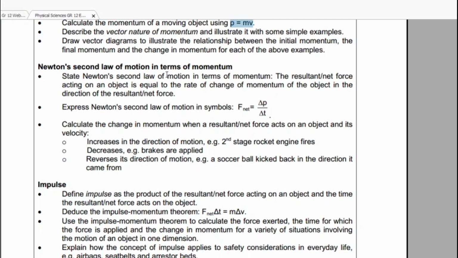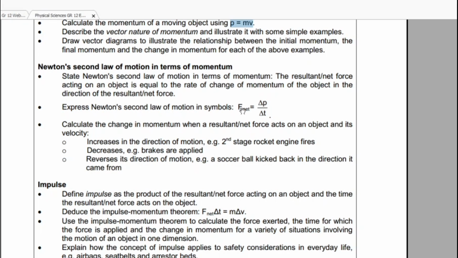Okay, so siyadlula lapho siya ku Newton's second law of motion in terms of momentum. So from grade 11 physics, you'd remember that the formula for the net force was defined as the product of mass and acceleration. So F net was equal to ma.